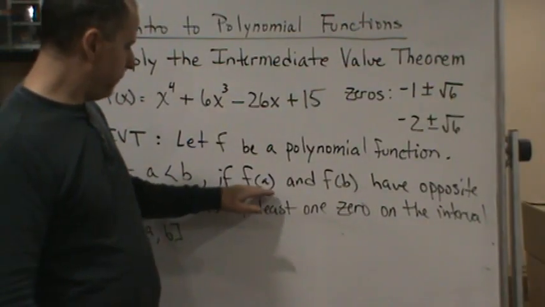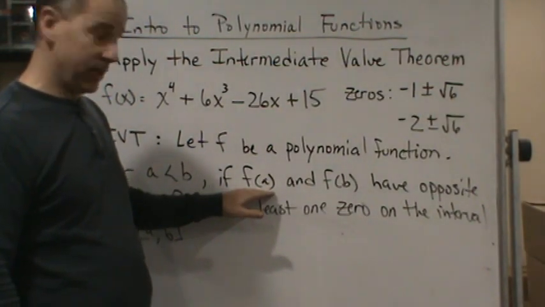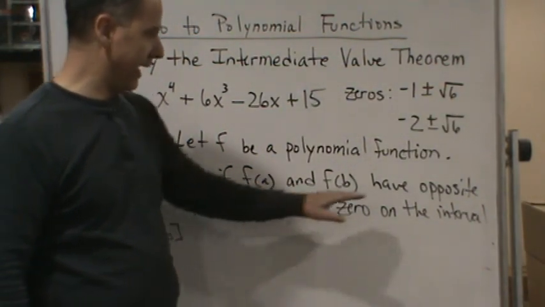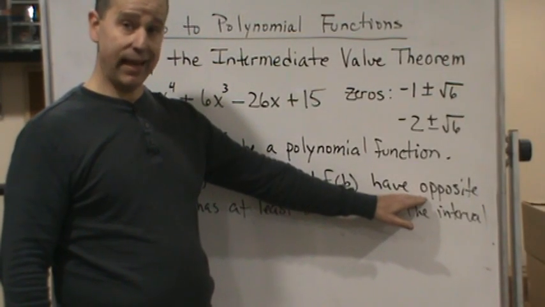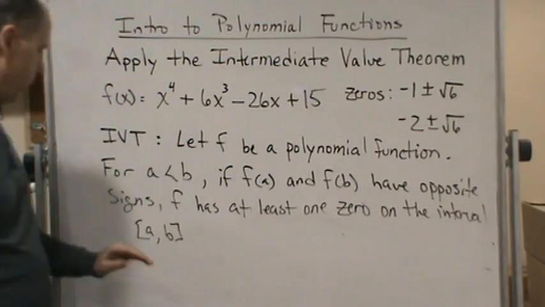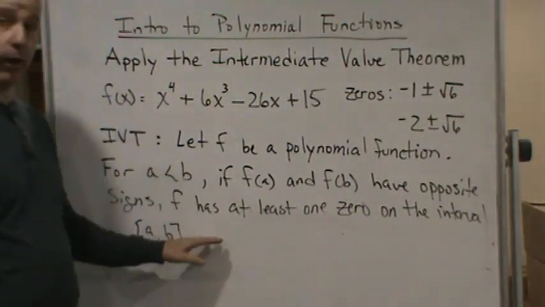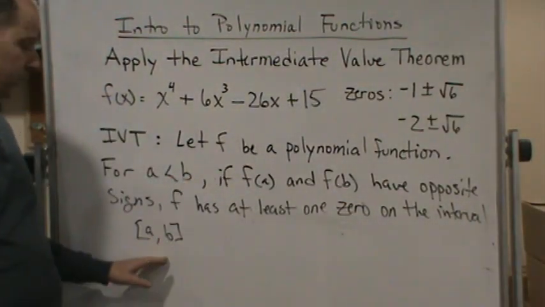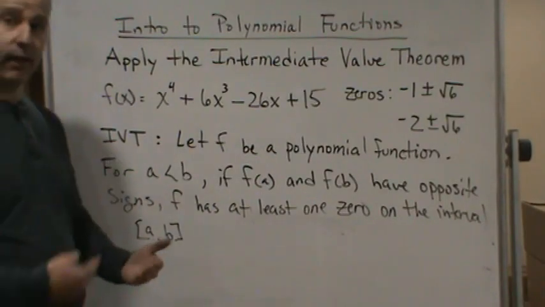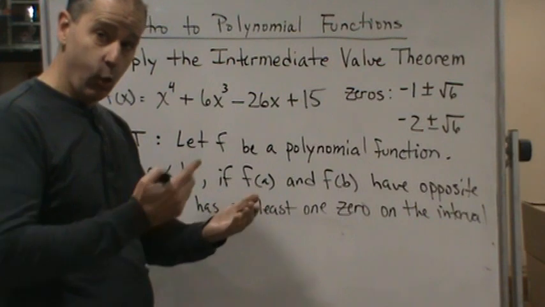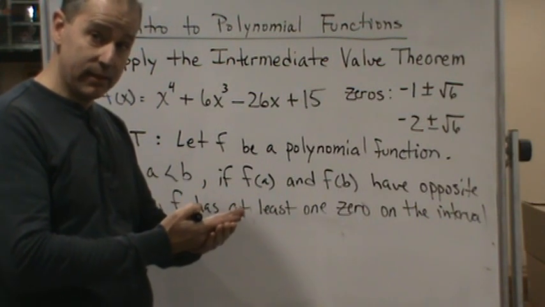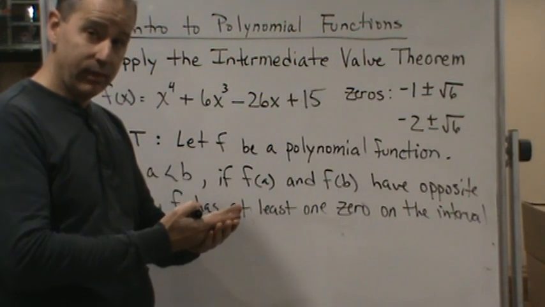We evaluate the function at both endpoints, and it turns out that both of those values have opposite signs. Then that means that somewhere in that closed interval from A to B, there has to be at least one place where it crosses the x-axis.